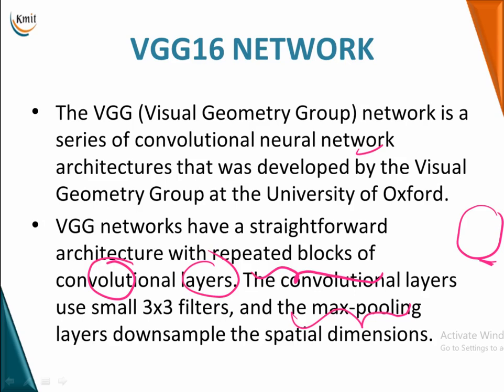Now, moving on to the second category of network, we have VGG16, which comes from the Visual Geometry Group network, and it is basically a series of convolutional neural network architectures. You have VGG16 and VGG19 also. We are first picking up VGG16 here. It was developed by the Visual Geometry Group at Oxford University. VGG networks have a very straightforward, simple architecture.